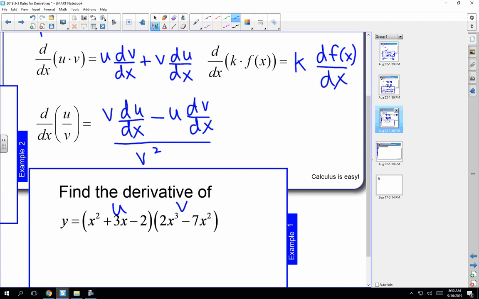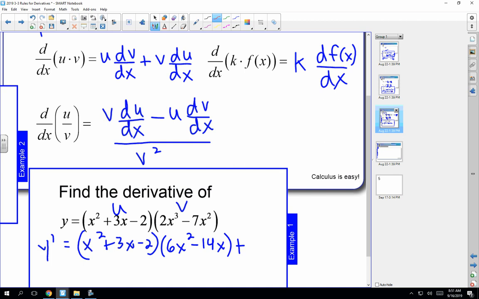So take the first function, so we write y prime is equal to the first function here. Just write it down, x squared plus 3x minus 2, and then times the derivative of the second. And the derivative of the second is going to be 6x squared minus 14x, and then plus the second part of it.